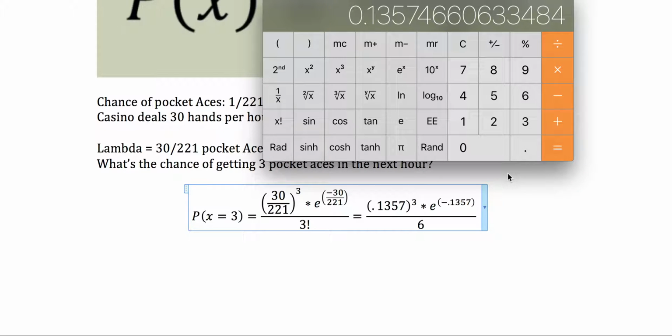Let's jump back to our calculator here and do 0.1357 cubed. So that's 0.0025.